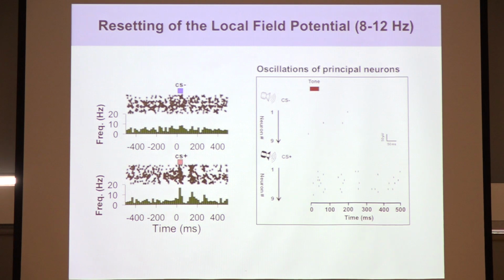This is more visible in this example where we recorded 9 neurons in a single animal during CS- and CS+ presentation. During CS-, when the fear was low, the neurons are not doing a lot, but when you present the CS+, you see that those neurons are activated and they start to oscillate.